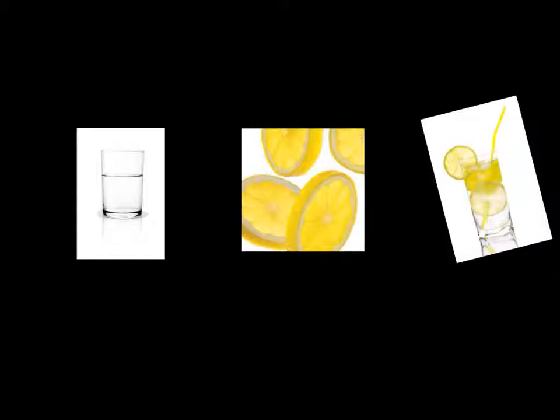So what I have here is a glass of water, some lemons, and as you can see, lemonade. We're going to categorize these according to independent, dependent, all of that. I start out with a glass of water. This is what is about to change. And so I'm going to add in the lemon juice, the lemons.